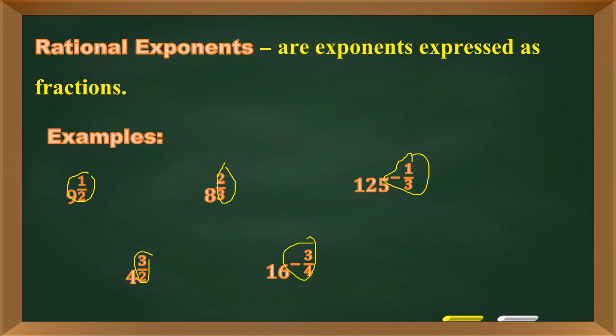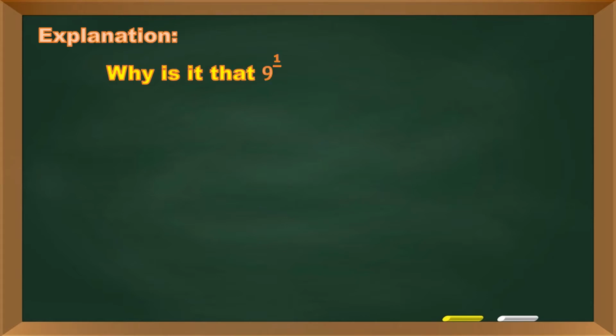Now, how can you simplify expressions with rational exponents? Let's have this example. Why is it that 9 raised to 1 half is equal to 3? In simplifying expressions with rational exponents, it is very important that you know how to express the numbers into their prime factors.